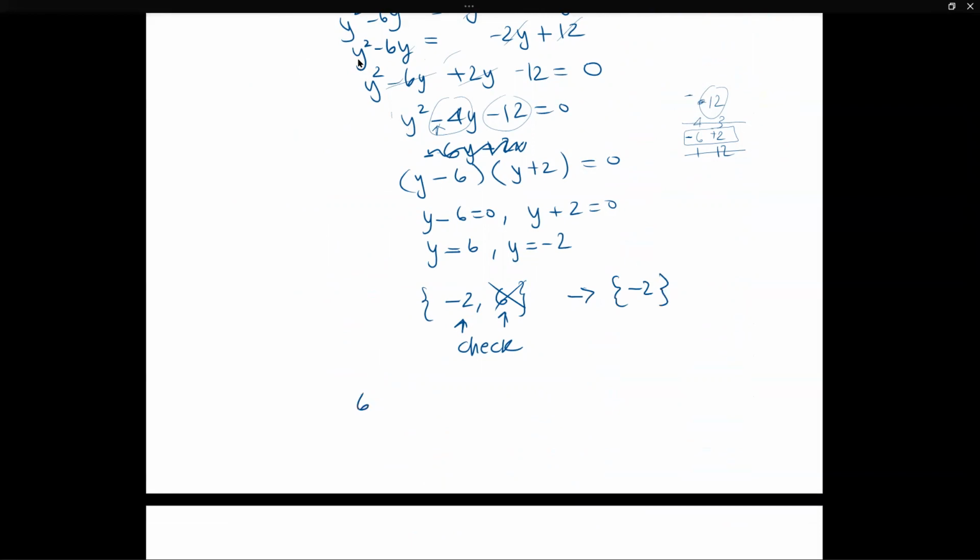And 6, reject the 6 because it makes the equation undefined. It does not solve it, it makes it undefined, right?